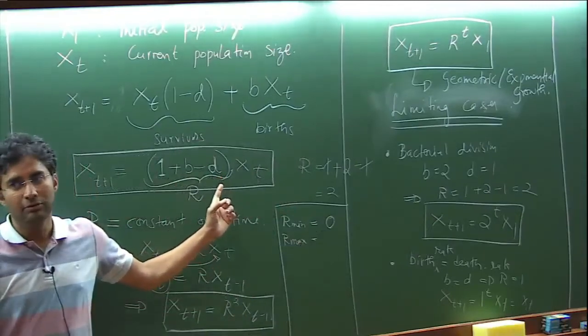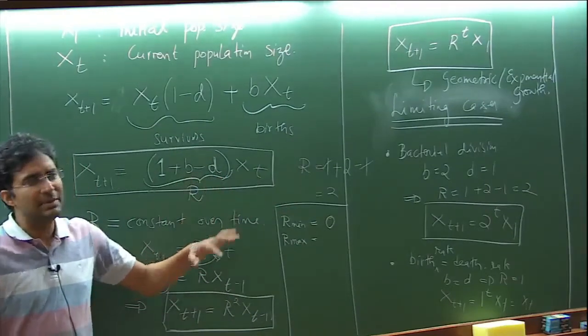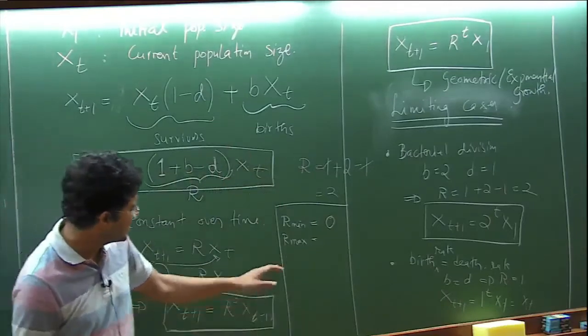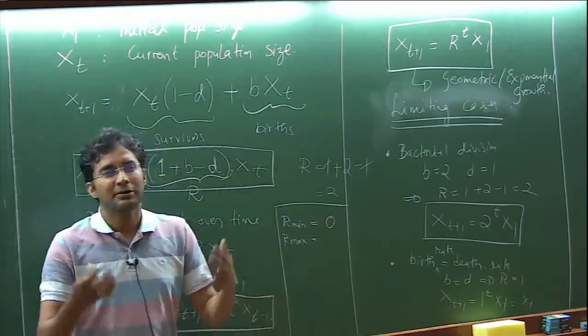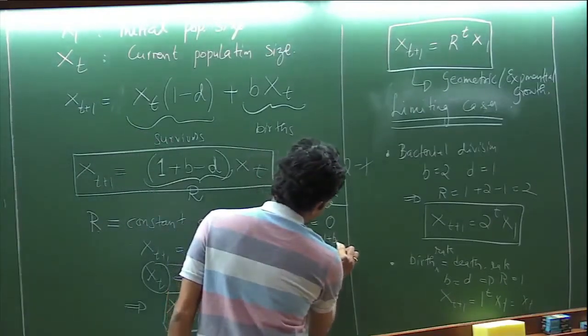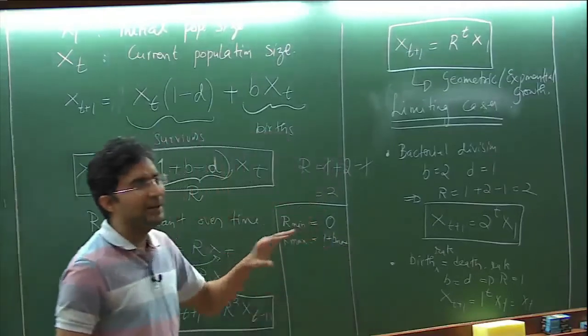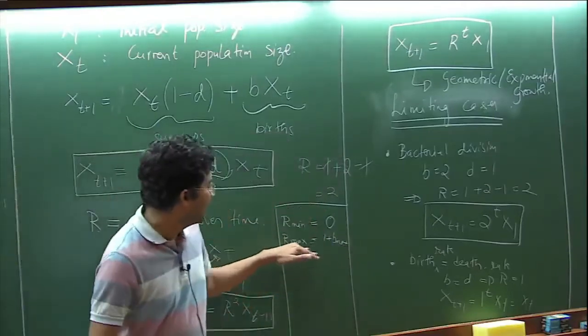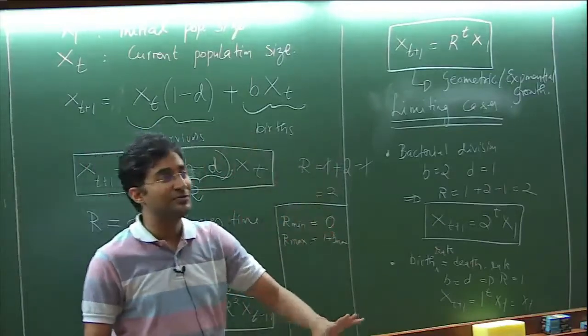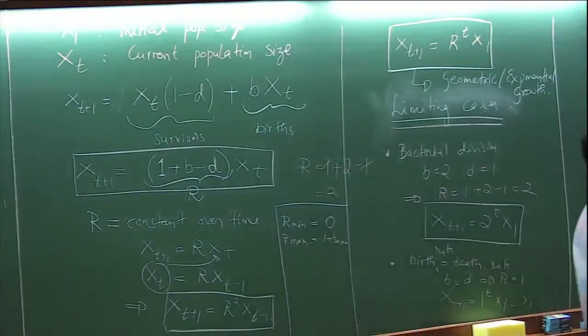Death minimum is 0, nobody dies. And B maximum is whatever the maximum offspring that an individual can have. So in some sense there is theoretically no limit. It's basically 1 plus B max. Okay, so have some idea of the ranges. In this case, the upper limit is not so much, but the lower limit is very important. If you are doing some calculation with R negative, you are doing something wrong.